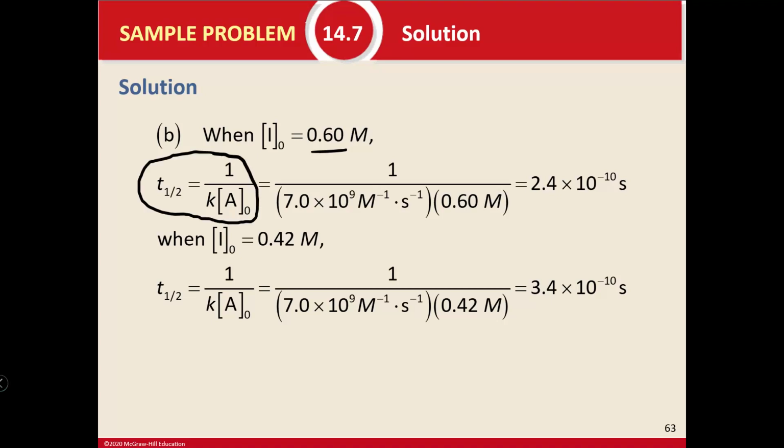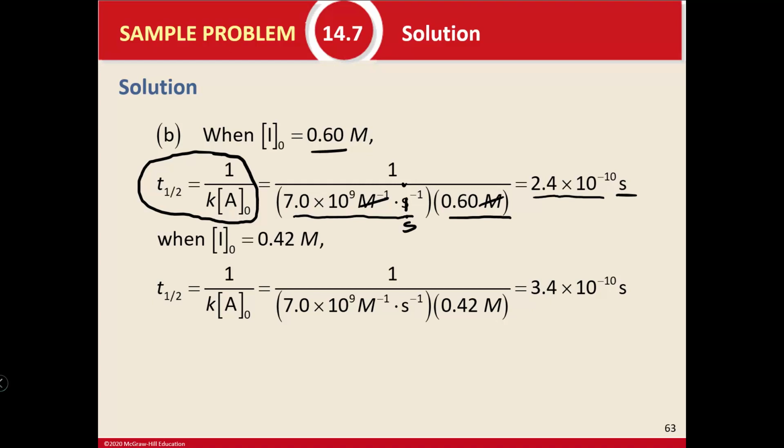That was given in the problem. They tell you what the initial concentration is. And then we solve for this, and this molarity and that molarity will cancel out. And this 1 seconds to the minus 1, again, that means the same thing as 1 over seconds. So seconds in the denominator of a quotient pops up into the numerator. And we get a half-life of 2.4 times 10 to the negative 10th seconds.